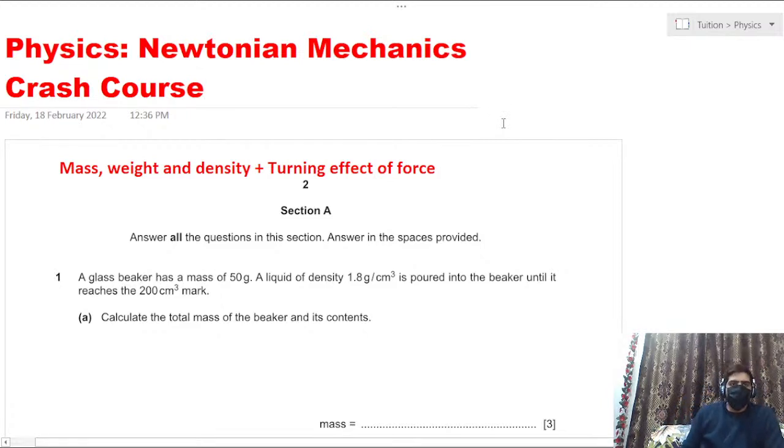In this video lesson, we're going to solve a complete extended worksheet from the section of Newtonian Mechanics. Newtonian Mechanics is the second section of your physics course, and it consists of chapters like kinematics, dynamics, mass weight density, turning effect of force, pressure, and elastic deformation.